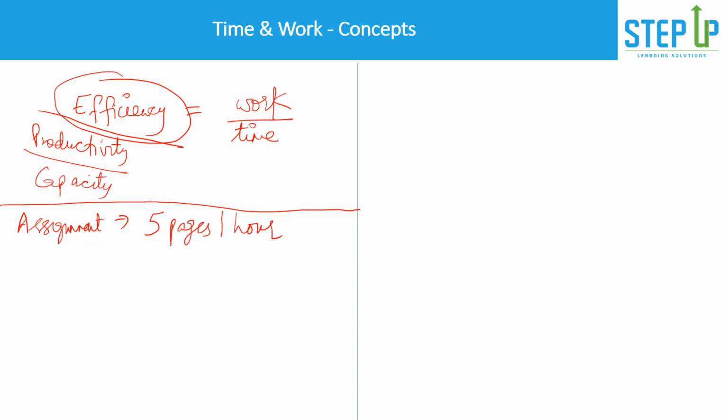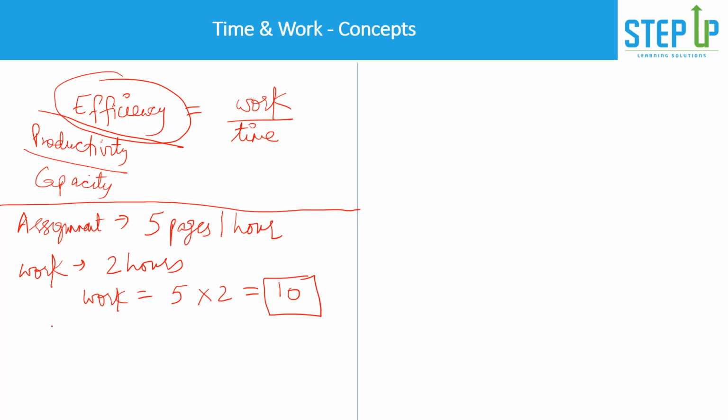So this is your efficiency. If I ask you how much work will you be able to do in 2 hours? This is simple. Using this formula, your work would be nothing but efficiency, which is 5 pages per hour, into 2 hours. That means total units of work would be 10. Correct? That means you will be able to write 10 pages in those 2 hours.